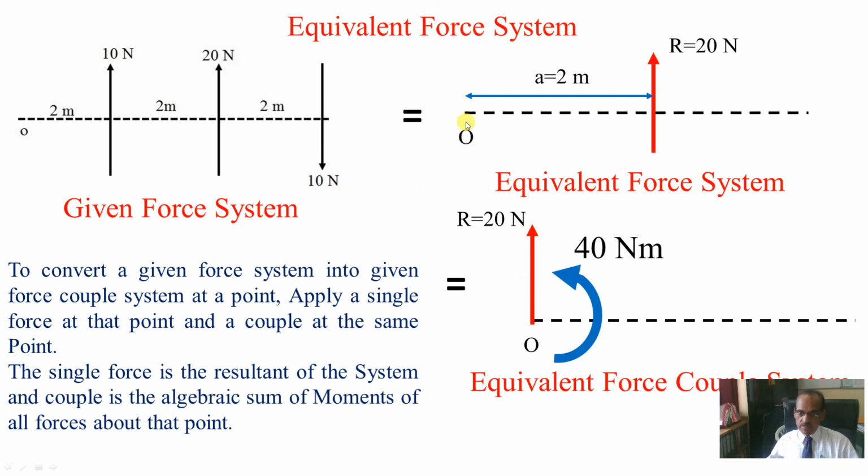In this way I have transferred this force to this point. This is called an equivalent force-couple system. So this system is equivalent to this, and this system is equivalent to this. I hope it is very clear to you. The effect produced on the body by this or this or this is the same.